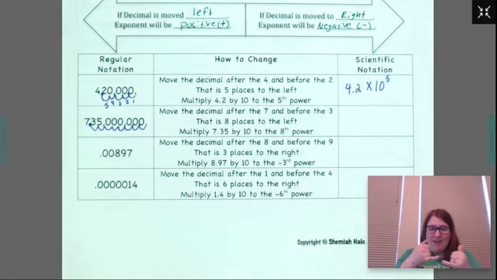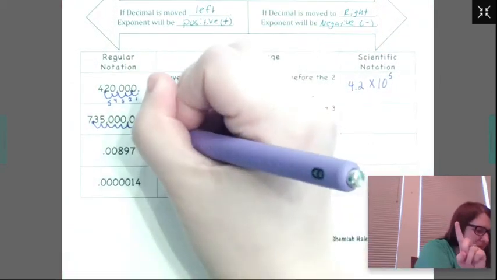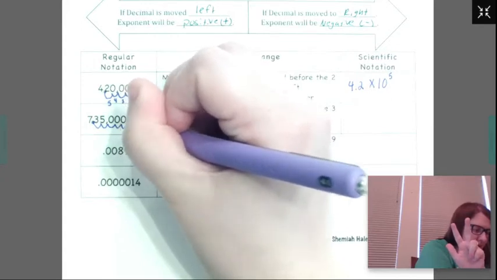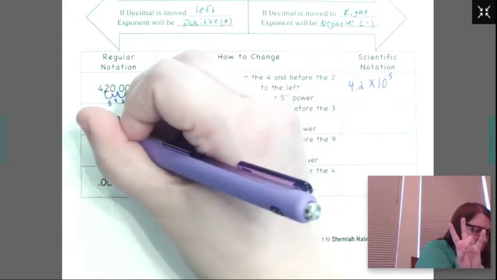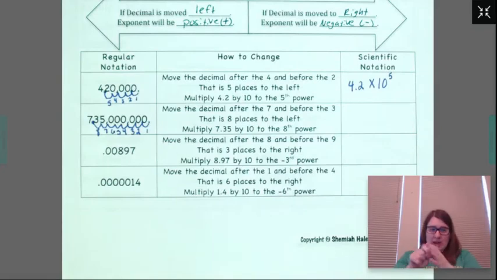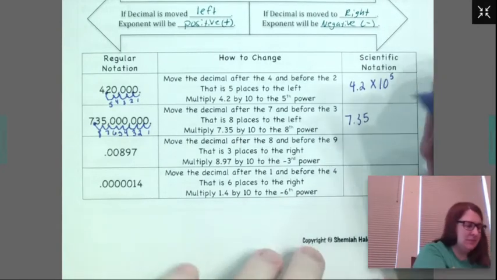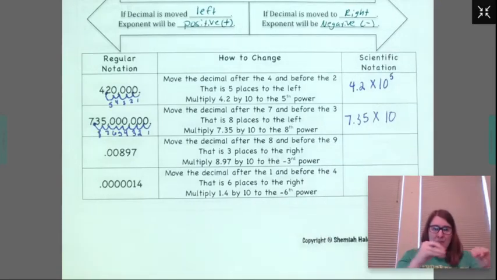Okay, so now let's count. 1, 2, 3, 4, 5, 6, 7, 8. So now I'm going to write 7.35 times 10 to the 8th, and I moved left, so that's positive.